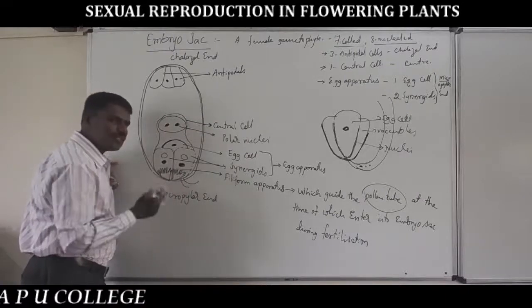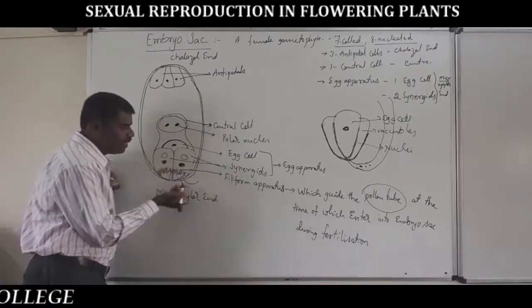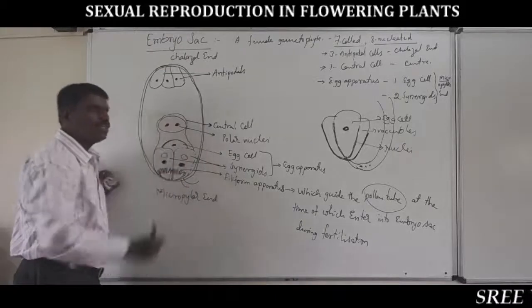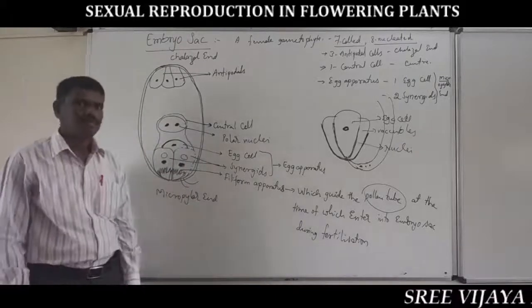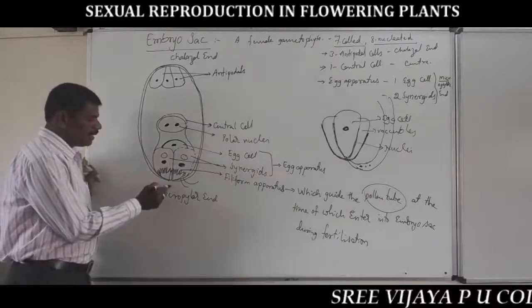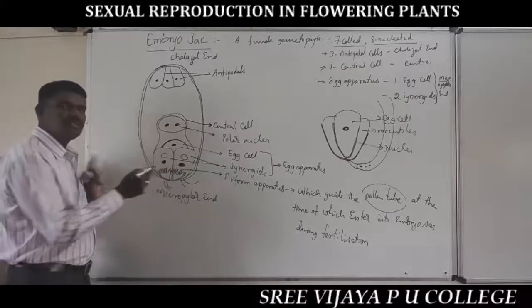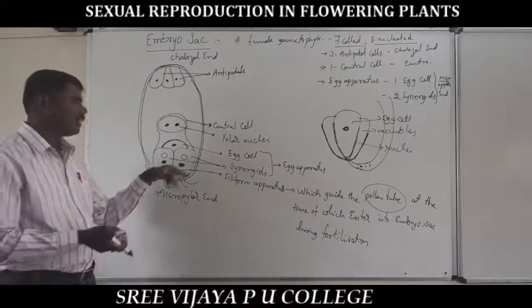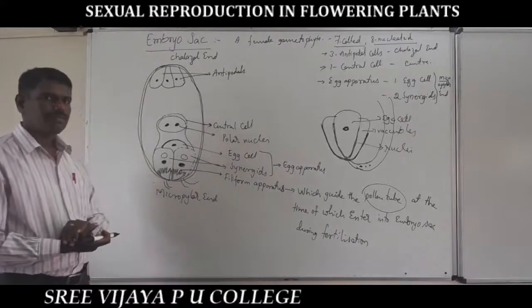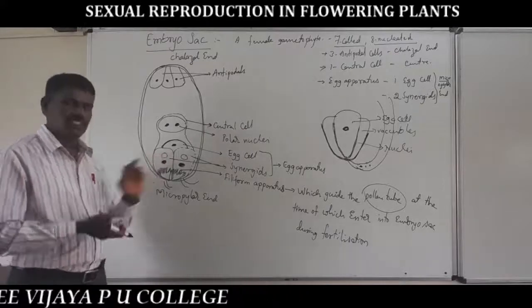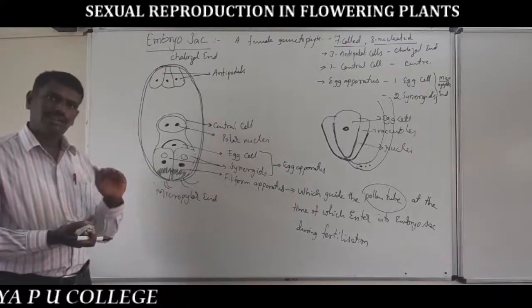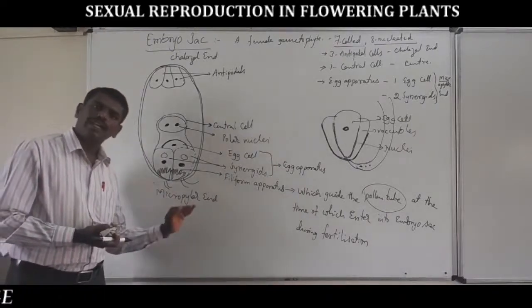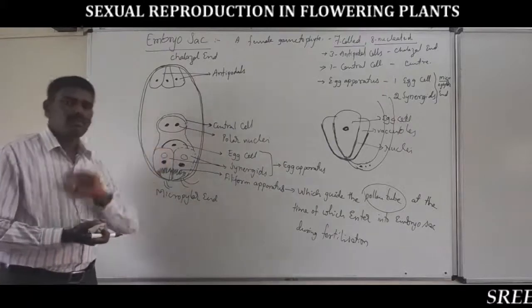So it means that synergids help the pollen tube to easily enter into the embryo sac. Otherwise, if it entered here, this synergid will be degenerate. So it is the degenerated one which is shown in the markings, the synergids which degenerate after the pollen tube entered into the embryo sac.